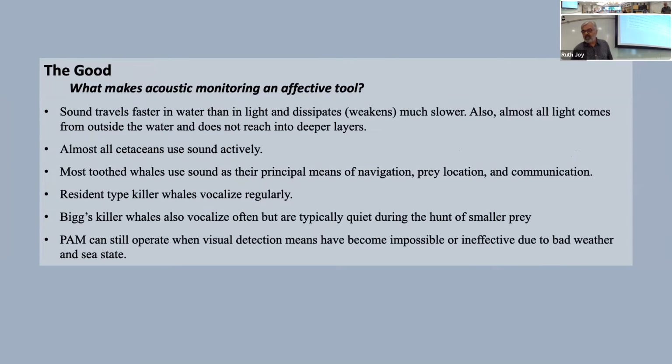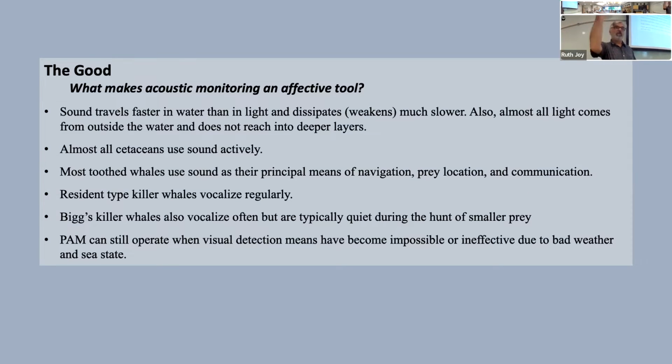These are the things that most of the people in this room know about why passive acoustic monitoring is a good thing. One of them, of course, and Mike alluded to that one in some ways as well, is that sound travels in water faster than in air. Light doesn't travel very well underwater.